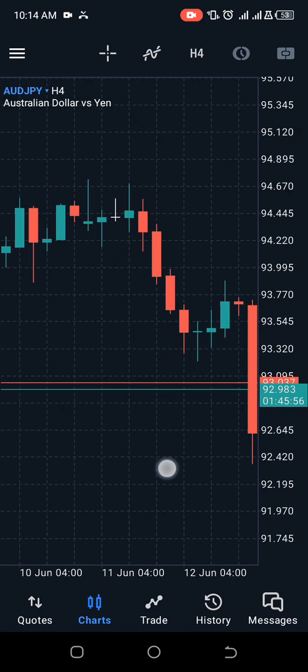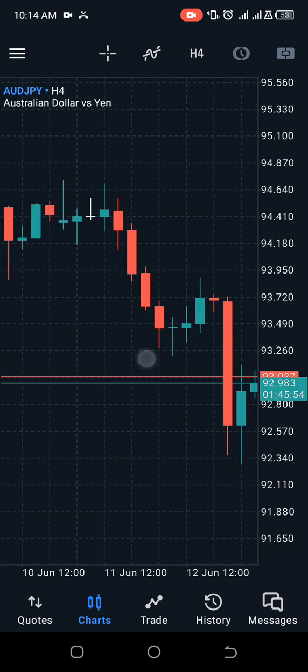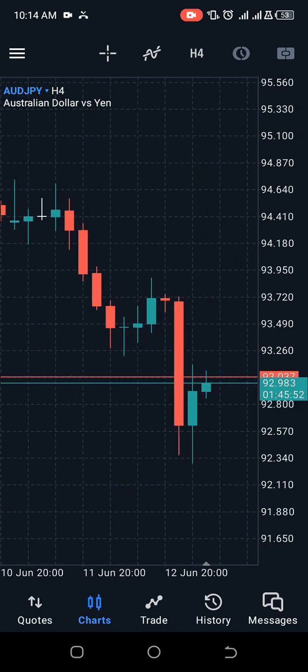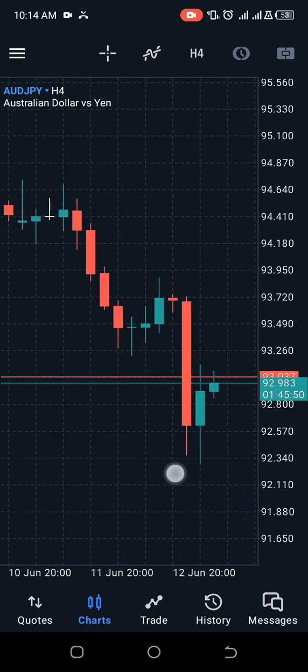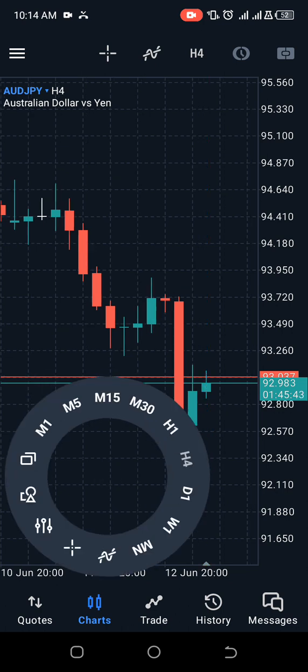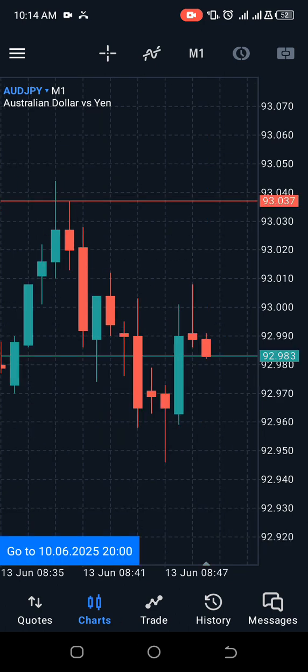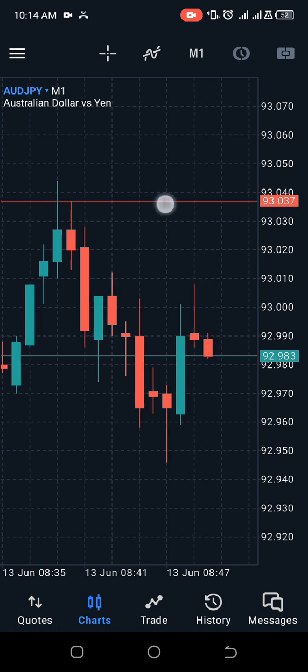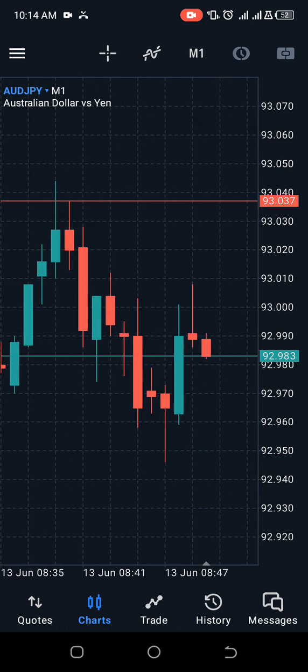So you see the red line and the green line. The red one is the ask price, and the green line is the bid price. When I go to 1 minute, you see the price lines have extended. This is the ask price, this is the bid price. It's like you have gone to the market to buy something. You ask what the price is. They tell you the price is 93 cedis.